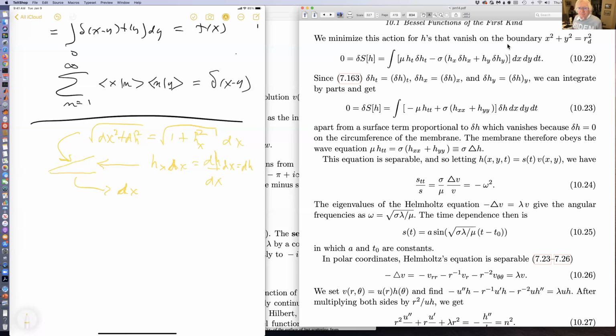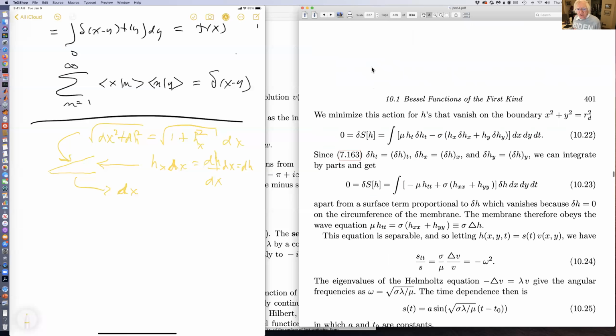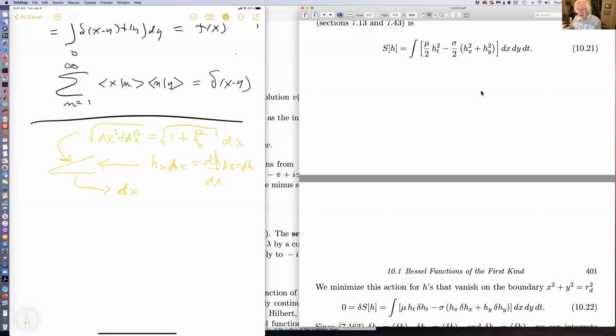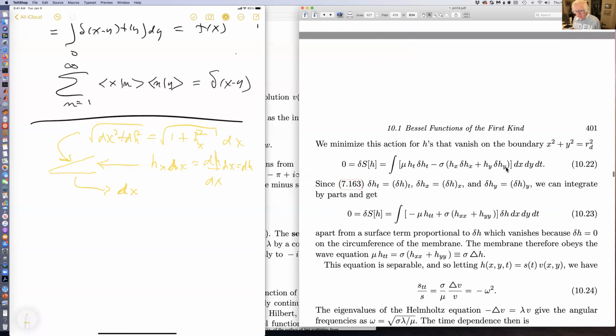Anyway, we minimize the action. So the change in the action to first order is 2 h sub t, the change times the change of h of t, and then the same thing for x and y. For the x derivatives and the y derivatives, this is the h derivative, the x derivative, the t derivative, the x derivative, the y derivative.